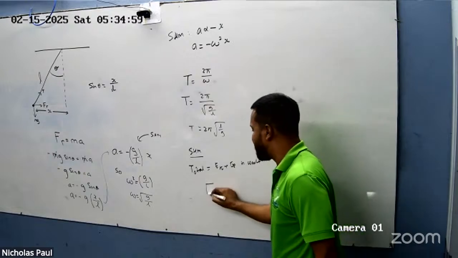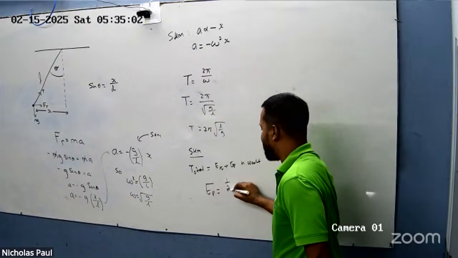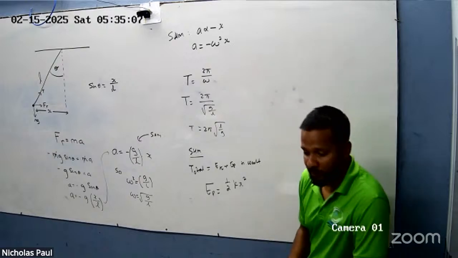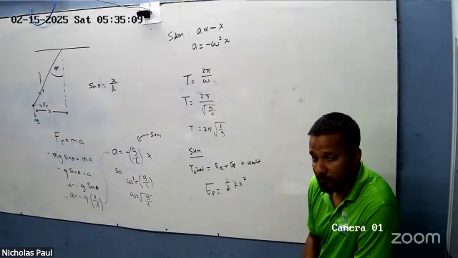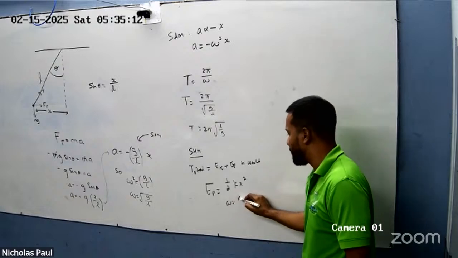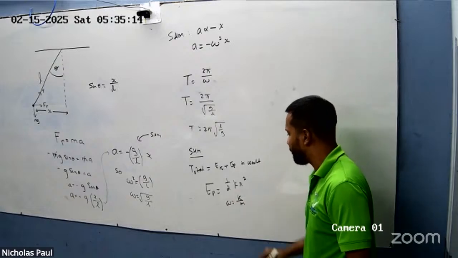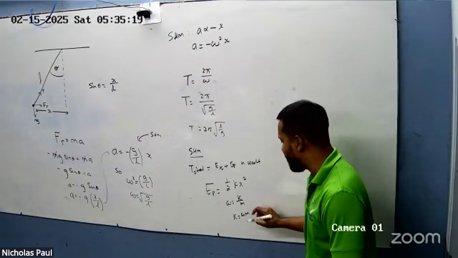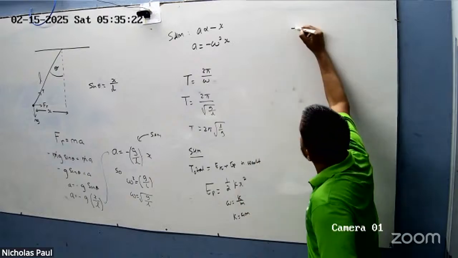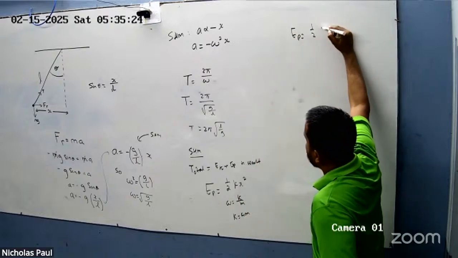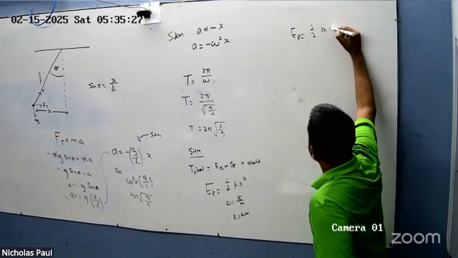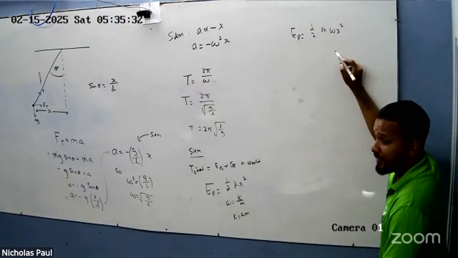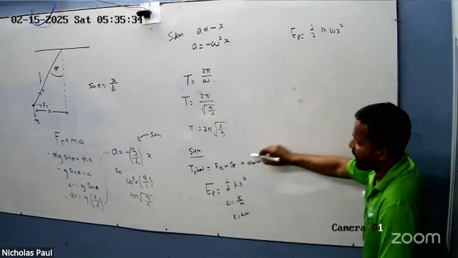Potential energy is equal to half k x squared, and we also know that omega squared is equal to k on m, so k is equal to m omega squared. If I substitute k in there, I get potential energy is half m omega squared x squared. That's the potential energy of something moving with simple harmonic motion.